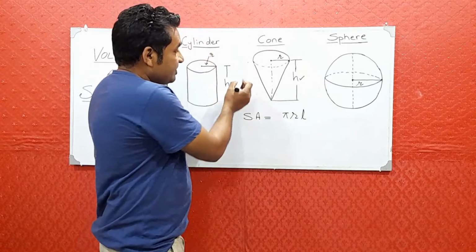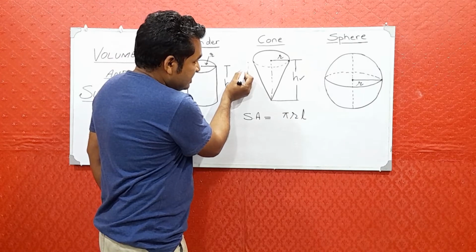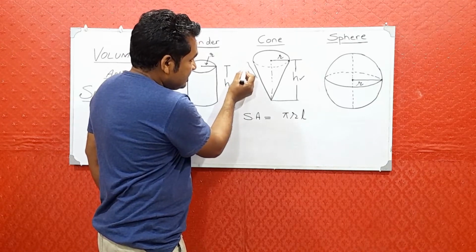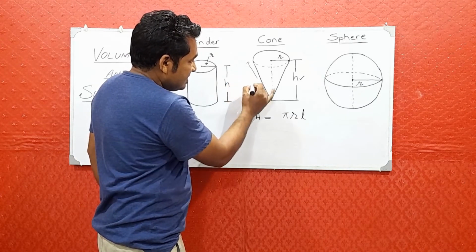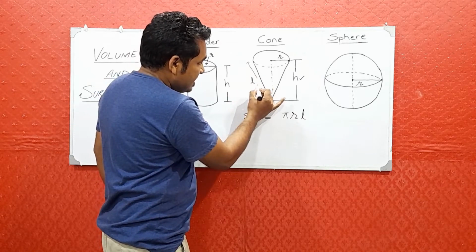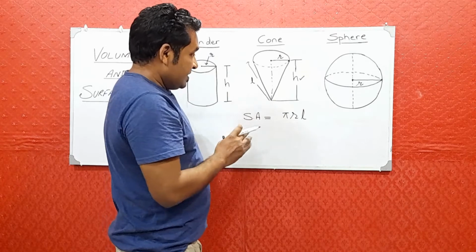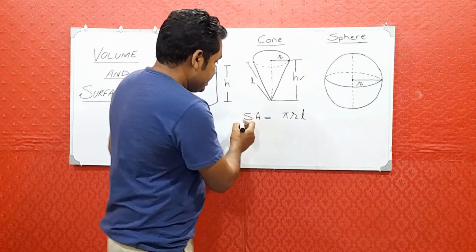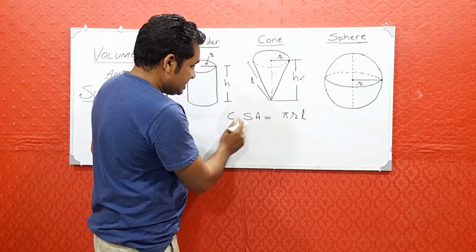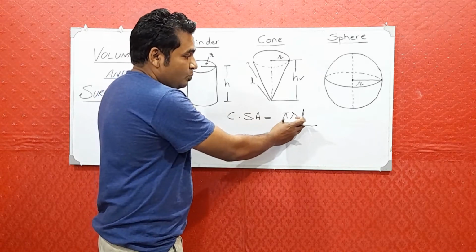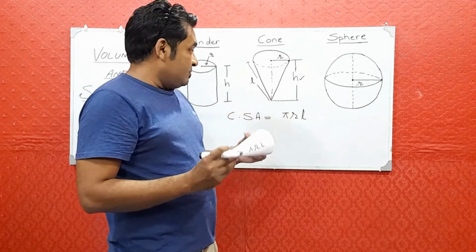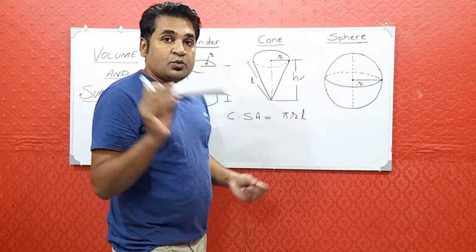But this length is called the slant height of the cone, denoted by l. So the curved surface area, CSA, is equal to pi r l, and we will use this formula when the cone is open.